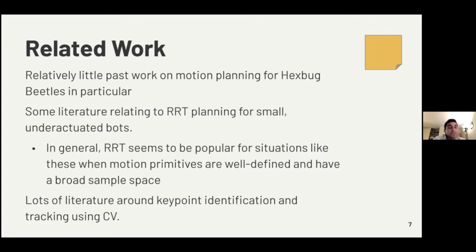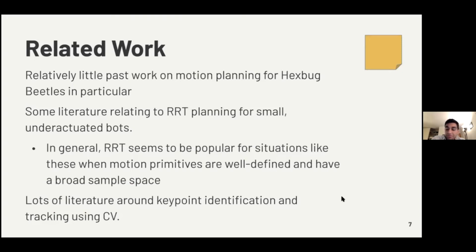There was some research relating to RRT planning for small underactuated bots, and in general, RRT, the rapidly exploring random tree, does seem to be a popular planning algorithm for situations like these, when we have very well-defined motion primitives on what is possible for the robot to do, and we also have a broad sample space.